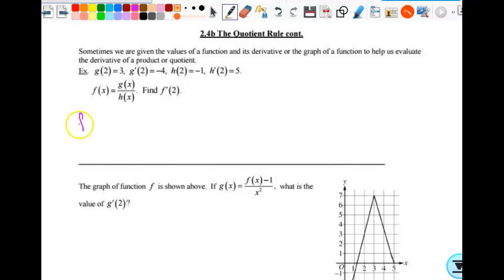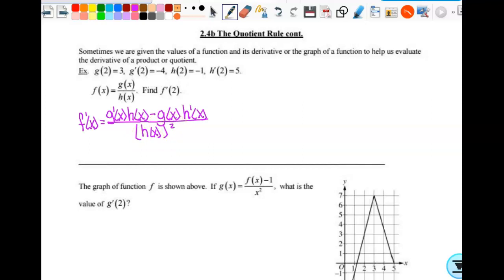So we're going to do f prime of x equals, and see, here's a good reason why you don't want to know it in terms of f and g. It's the derivative of the numerator times the denominator minus the numerator times the derivative of the denominator, all over the denominator squared.